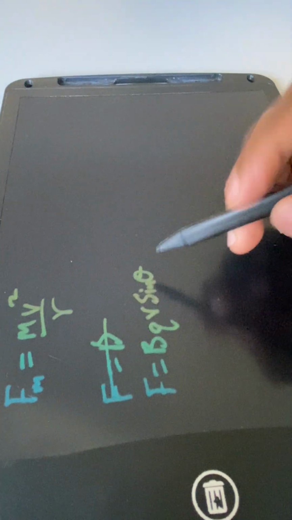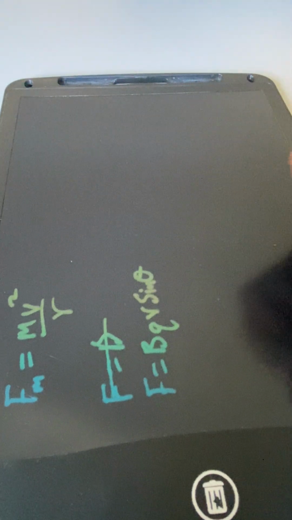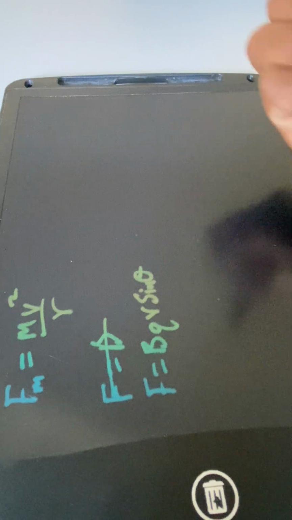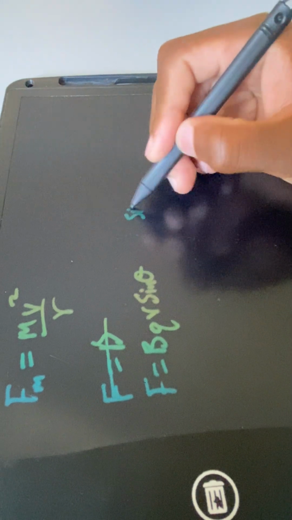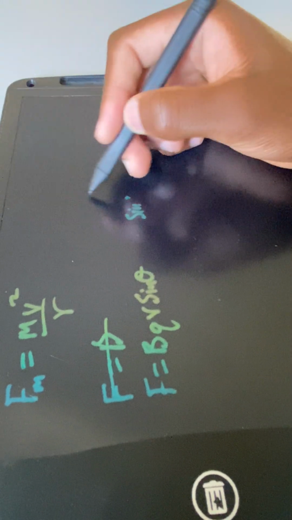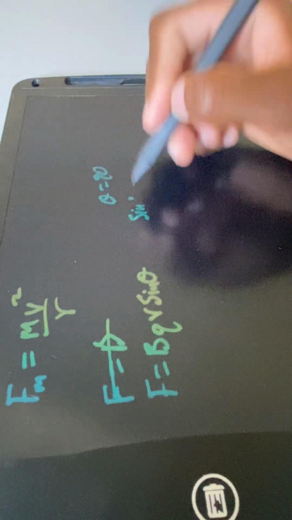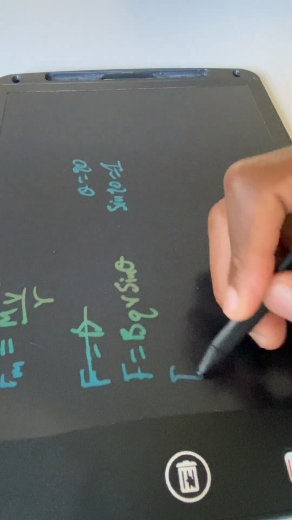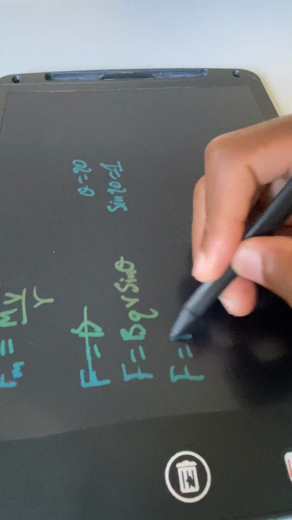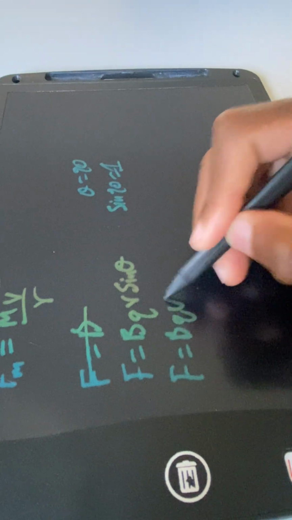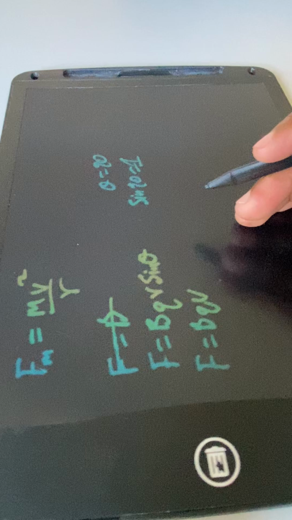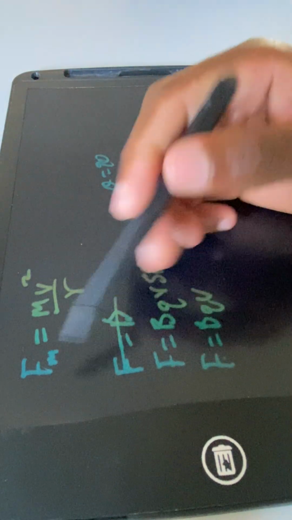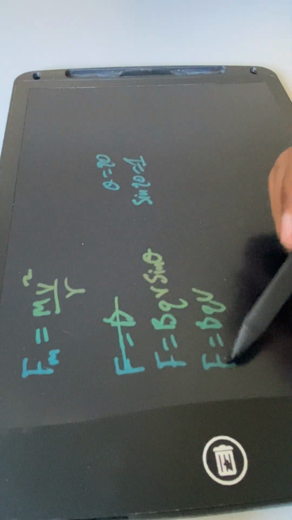But in our case, let's ignore the sine theta, because the velocity is perpendicular to the magnetic field lines, which means theta is 90, and sine 90 is just 1. So we have F equals BQV. These have the same magnitude, because both are the magnetic force.